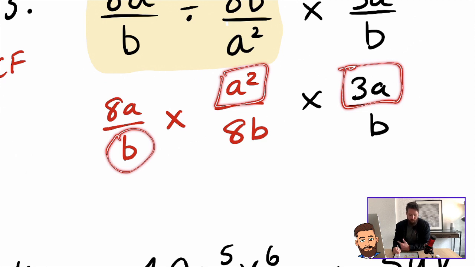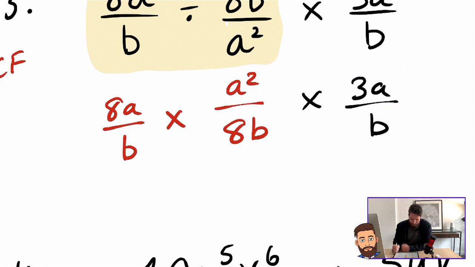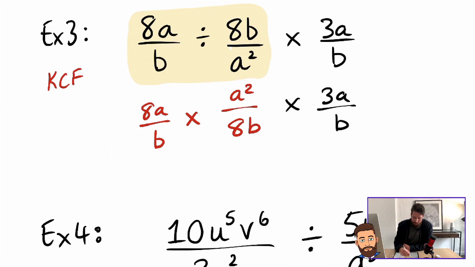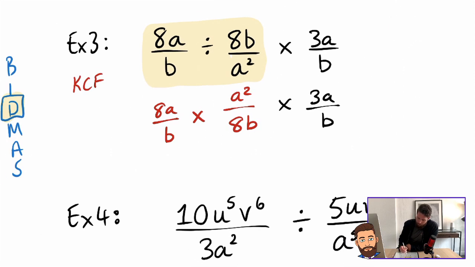There is no common factor, either numbers or letters, so can't cross-cancel there. Here I've got 8a, and I've got 8b and b. Again, there's nothing that we can cross-cancel with. Absolutely nothing. So it's an example where cross-cancelling cannot be applied. So we have to simply multiply across and collect all the terms together.